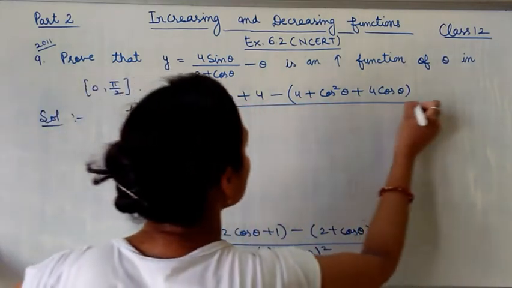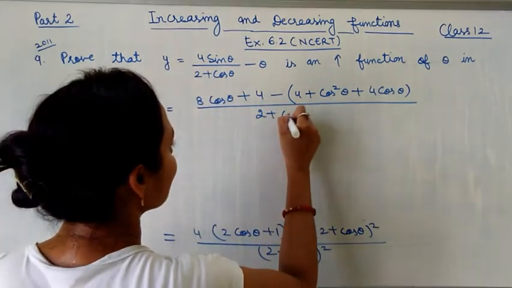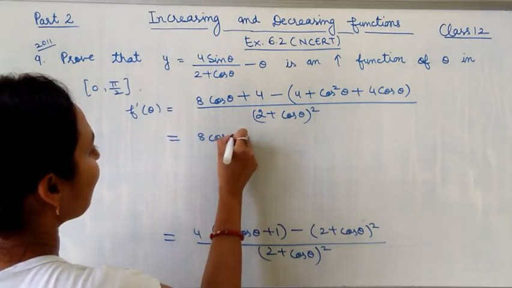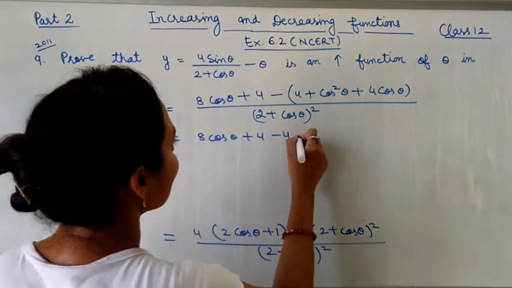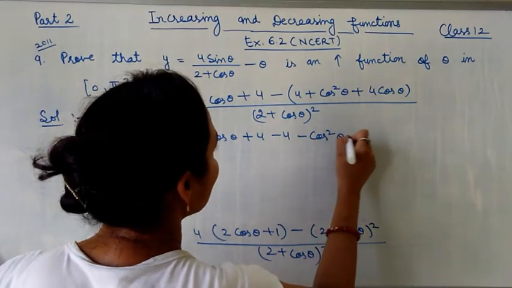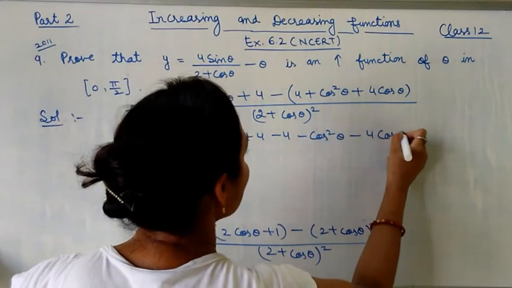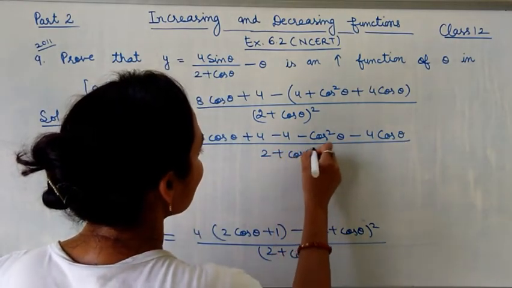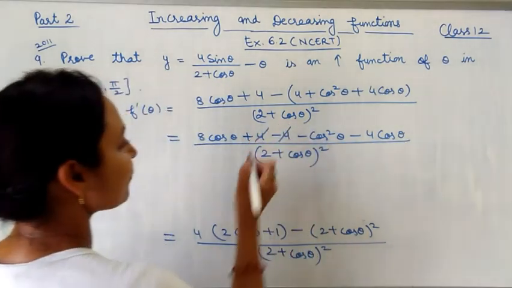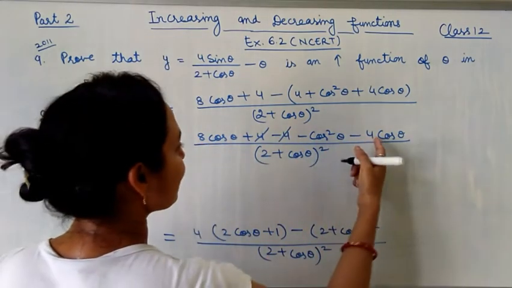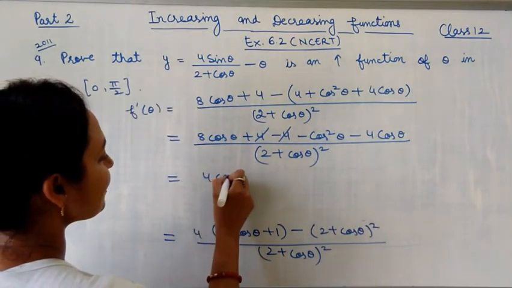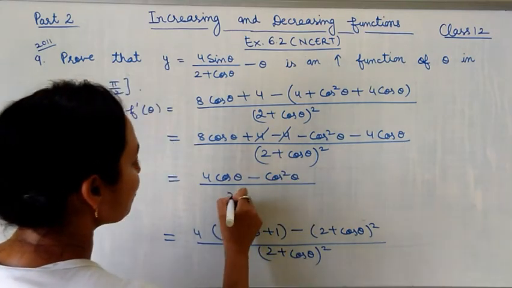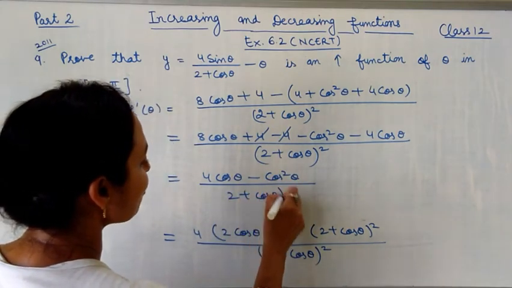When I take it out from the bracket, the sign will change like this. 8 cos theta plus 4 minus cos square theta minus 4 cos theta divided by 2 plus cos theta whole square. This 4 and 4 will cancel. 8 minus 4, that is 4 cos theta minus cos square theta upon 2 plus cos theta whole square.